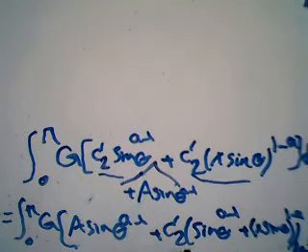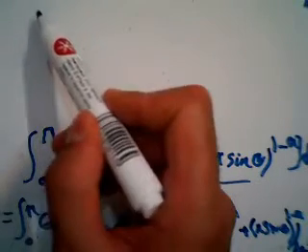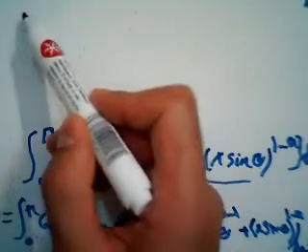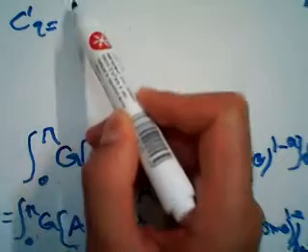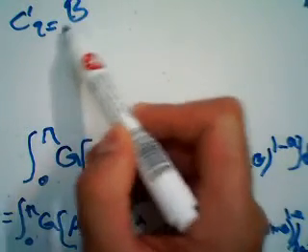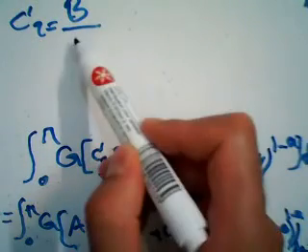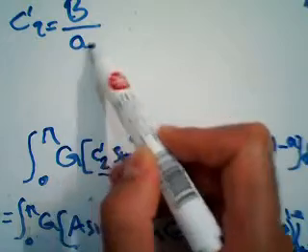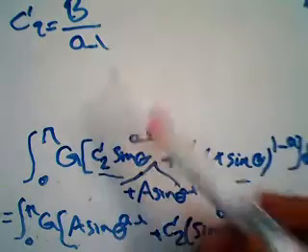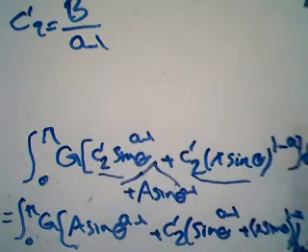And C prime 2 is a constant, okay? So let's write it C prime 2 as another constant B over A minus 1. A is a constant. We could do that, no problem.